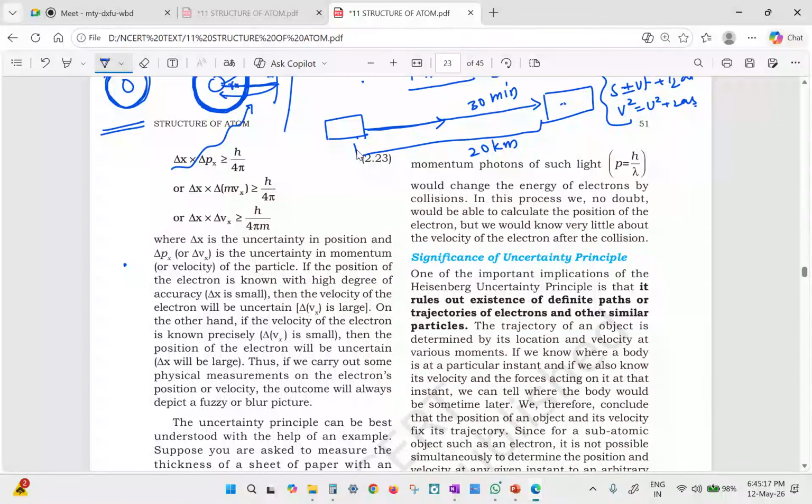We are unable to tell about an electron. It's highly uncertain where the electron is at this moment. Supposing I'm giving you one hydrogen atom and I'm asking you, where is its electron?